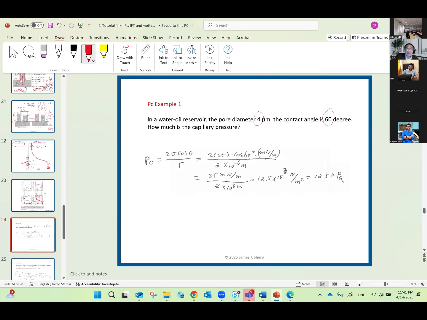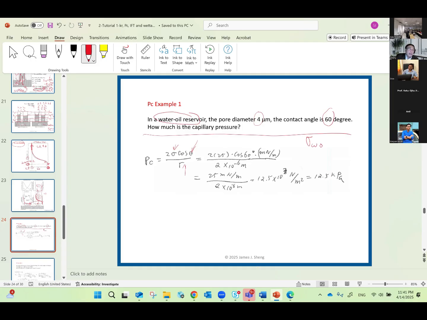We mentioned earlier that capillary pressure has a relationship with the interfacial tension, the radius R, and the contact angle. But this problem did not give us the interfacial tension. This is a water and oil reservoir, so what is the interfacial tension between oil and water?